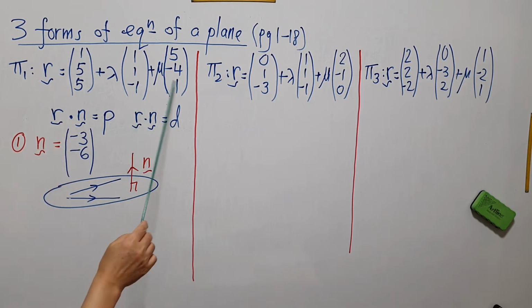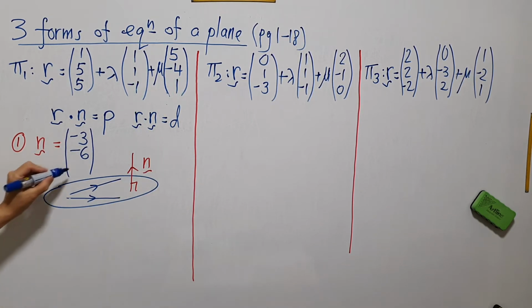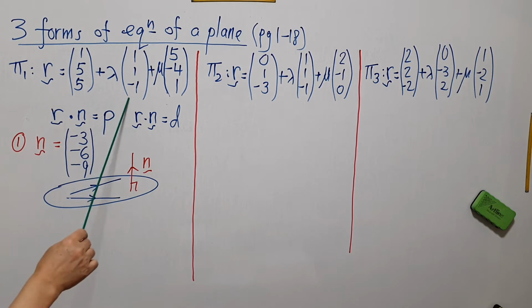And cover the third row, it will give you a minus 9. So there we are, a vector n which is perpendicular to the vector here and the vector here, and therefore perpendicular to the plane. We have achieved our first objective of finding the vector n.